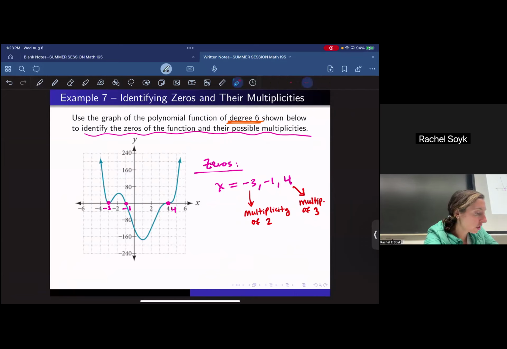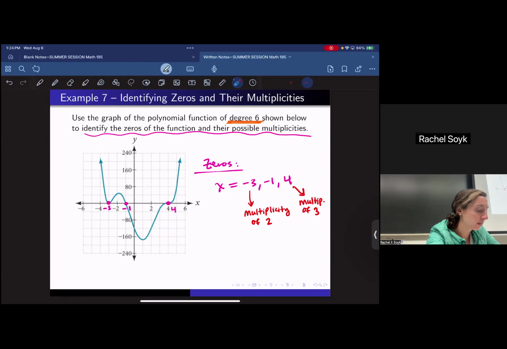Whereas this one just shoots straight through. If there's no turning point occurring, meaning this goes from increasing and then it stops right here and then we have another increasing, whereas this is just decreasing straight on through, then this is just a multiplicity of 1.